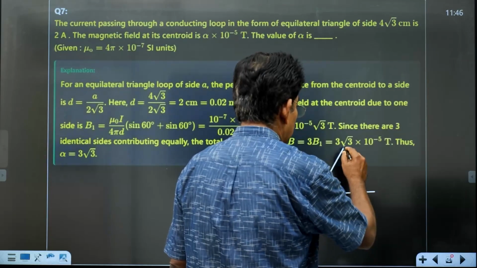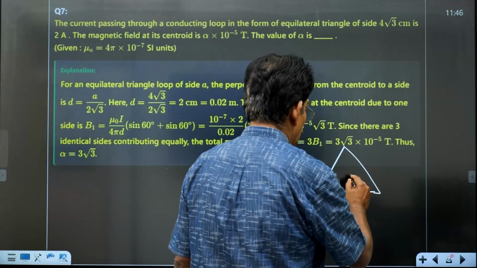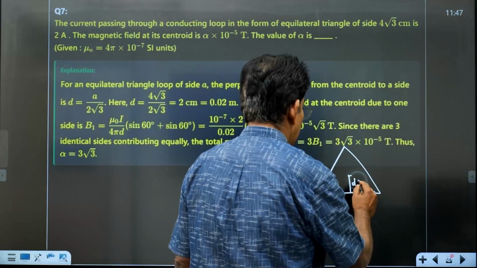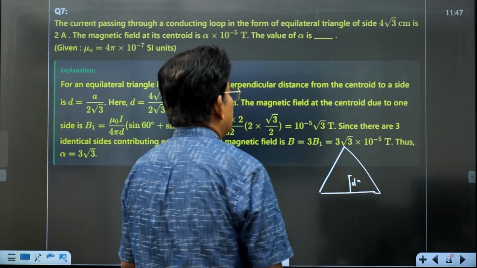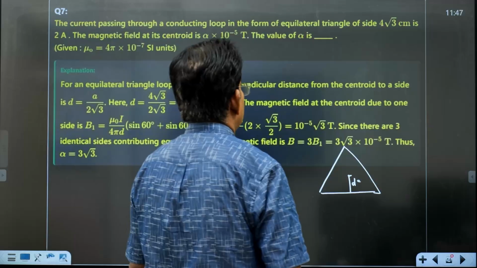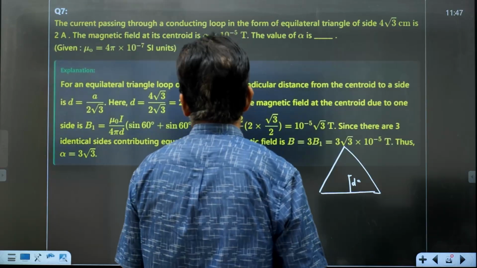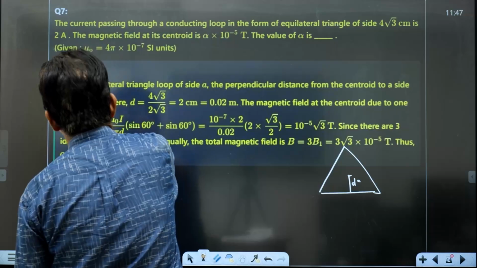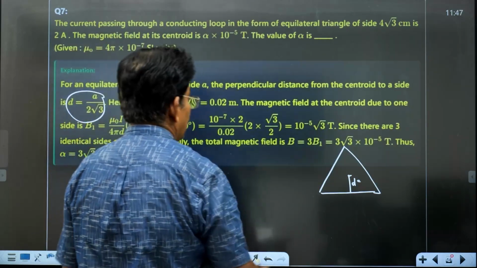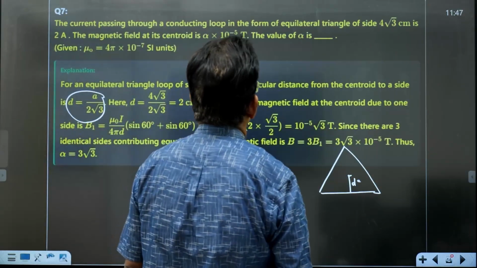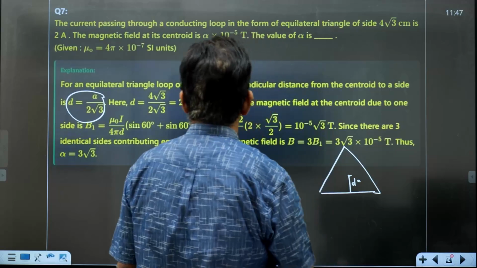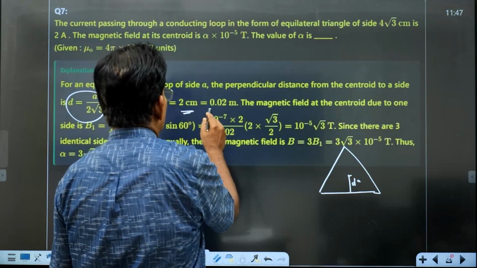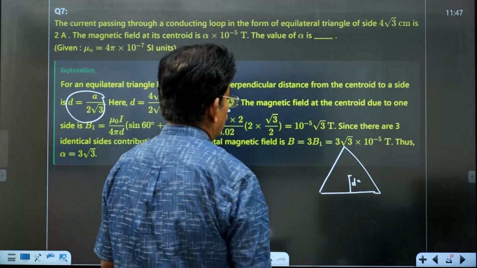Due to one side, this distance we call d, the distance from the side to the centroid of an equilateral triangle. There is a ready-made formula: d is a by 2 root 3, where a is the side of the equilateral triangle. The side is given to be 4 root 3, so this is 4 root 3 by 2 root 3, that is 2 centimeter or 0.02 meter.